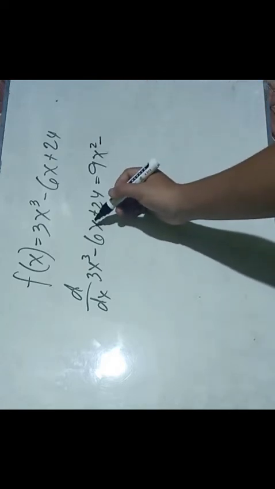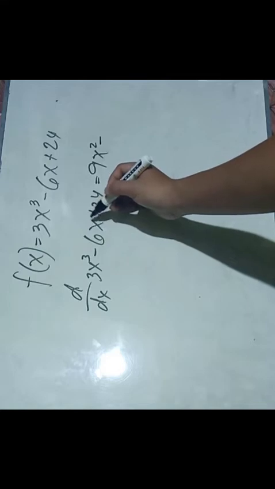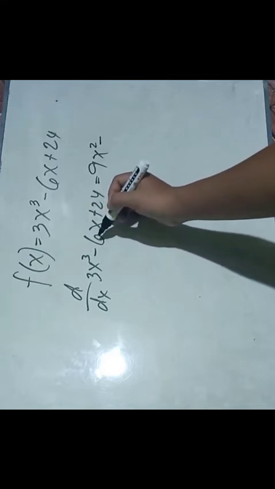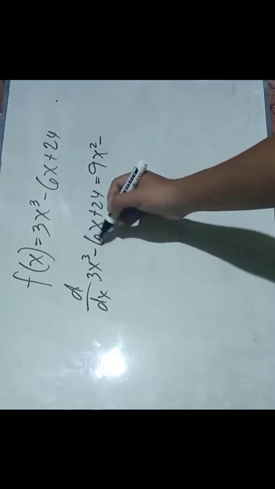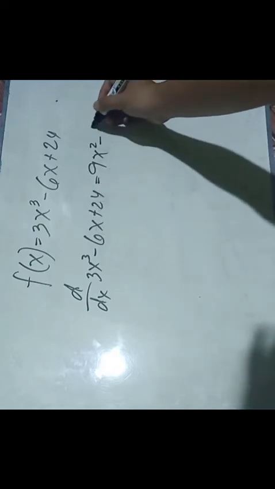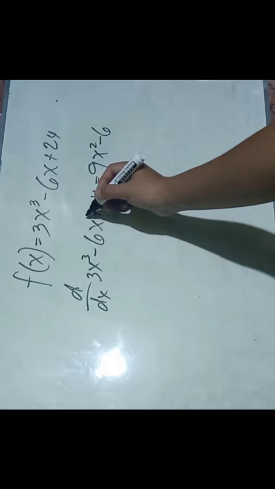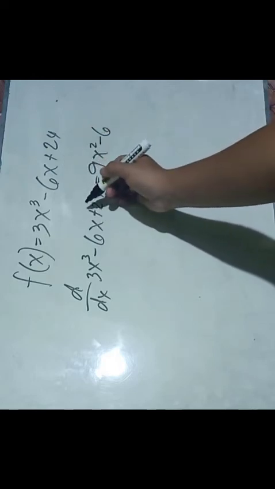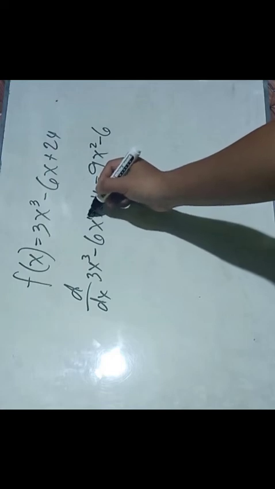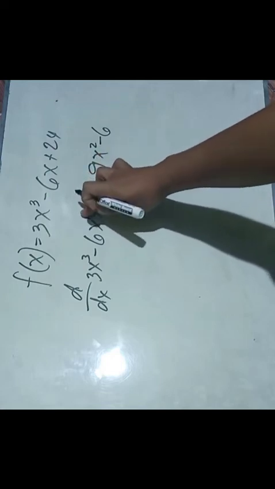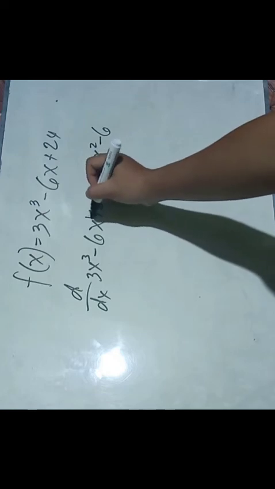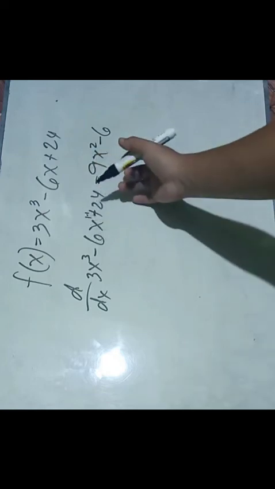Minus, since the exponent of our x here is 1, we will multiply it by 6, so that is 6. But since this is 1 and we have to subtract 1 from the exponent, that means 0.